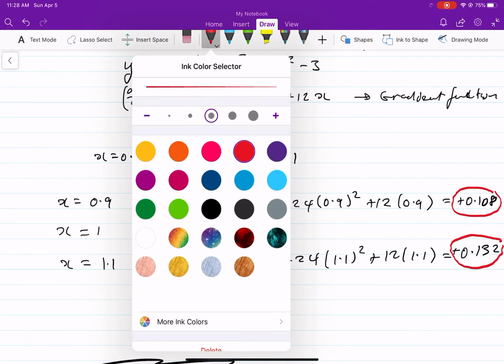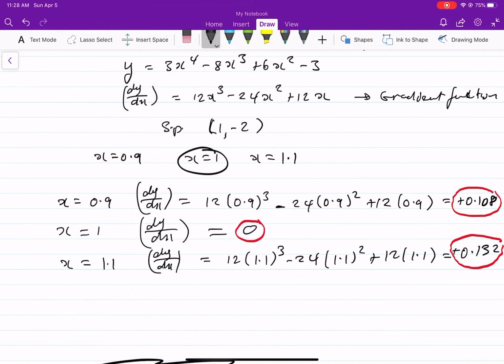That gradient went from a positive gradient like that to 0 gradient at the stationary point itself and back to a positive gradient. So clearly, I'm going through a point of inflection when I do that. Right? So therefore, the stationary point with coordinates 1 and minus 2 is a point of inflection.